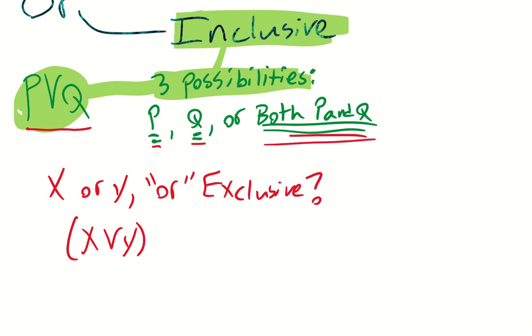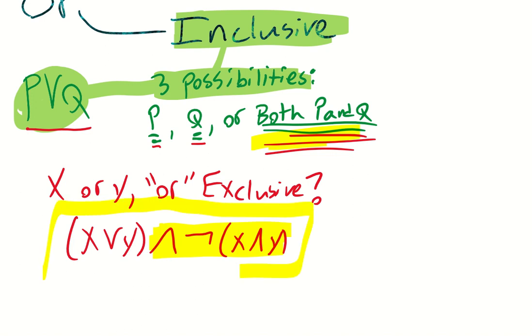But we want to deny that third possibility. So let's do that. We'll just say and it is not the case that, parentheses, X and Y are the case. So this attachment, so to speak, essentially denied that third possibility, and so we have translated correctly.